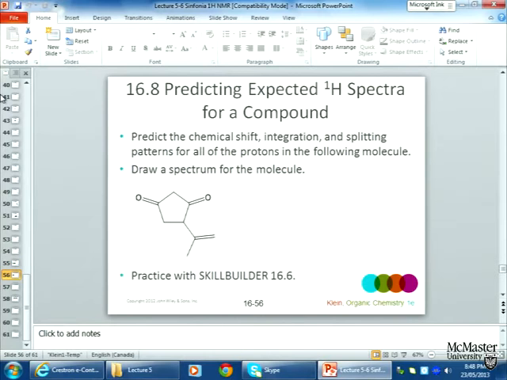Predict the chemical shift, integration and splitting patterns for all of the protons in the following molecule. Let's not do that. Draw a spectrum for the molecule. It's always a good idea to draw a spectrum. Over the years of teaching a large second-year organic course, I have learned that asking students to draw the spectrum of molecule X is agony to mark.